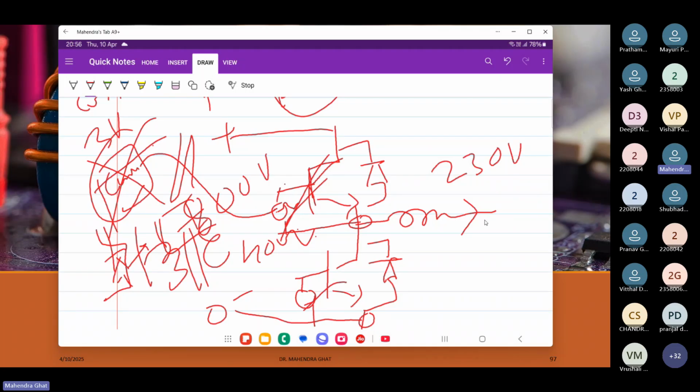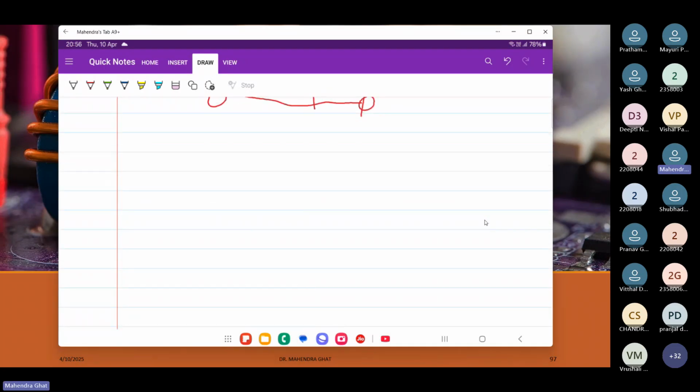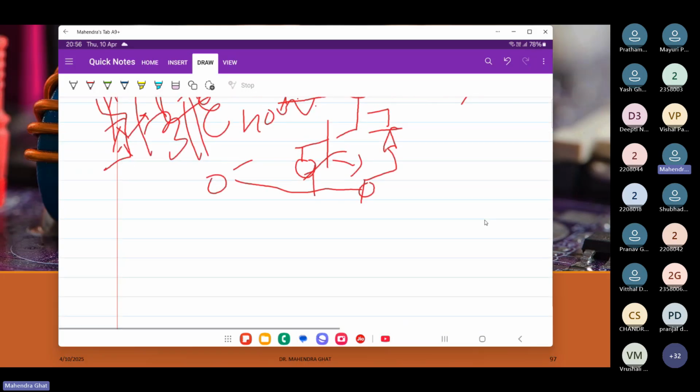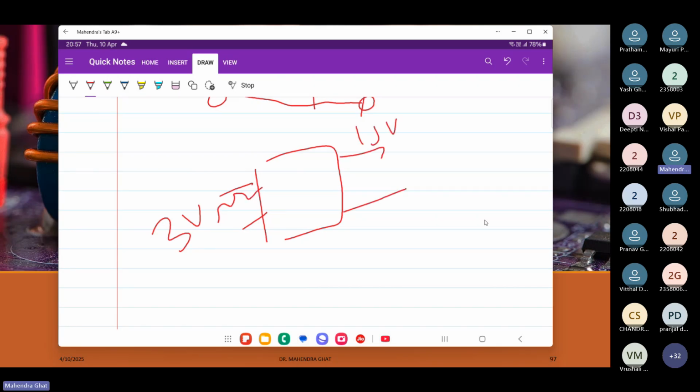Now ICs are coming which have the optocoupler or whatever you require internally, so the isolation is inside itself. You will get the 3 volt PWM here, and whatever voltage level you require, say 15 volt, you will get here with isolation. So they are isolated already.